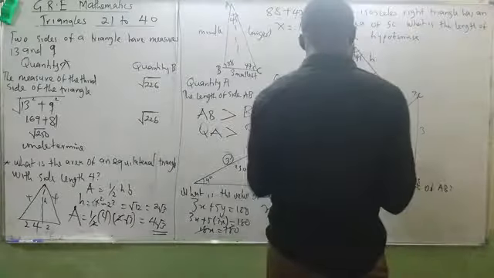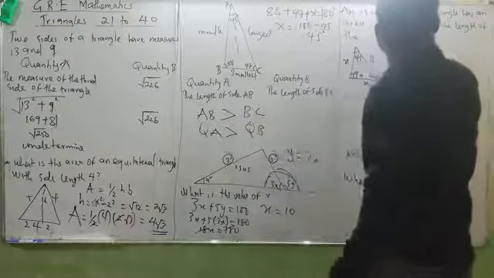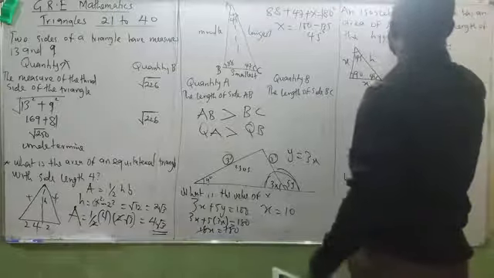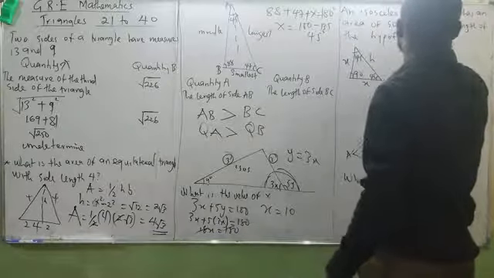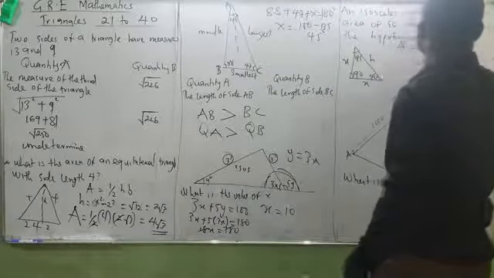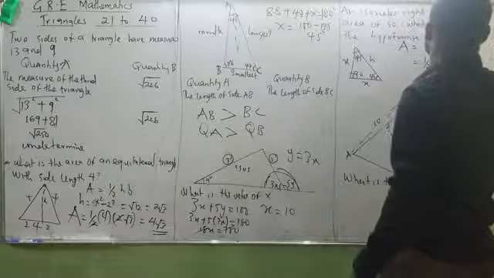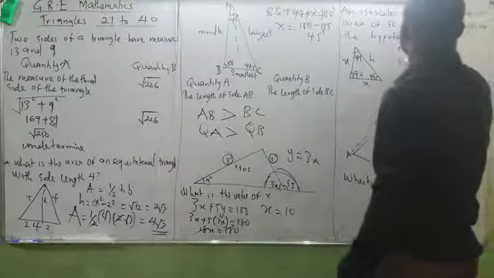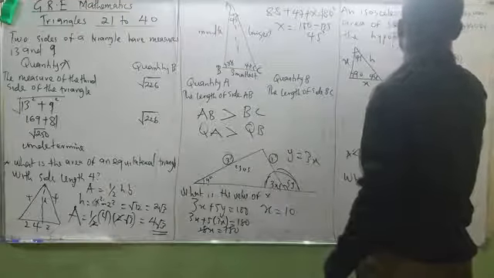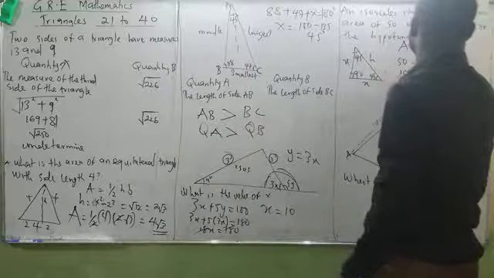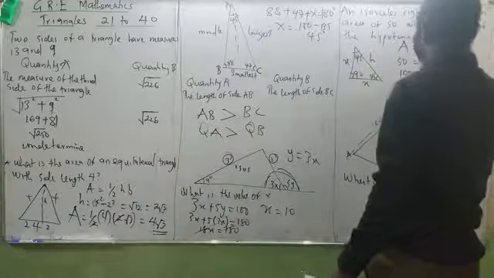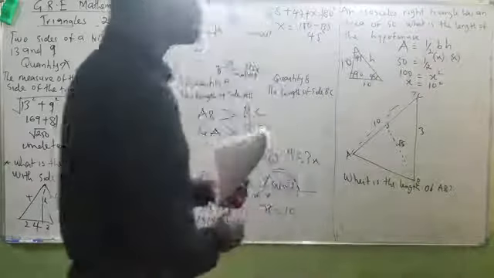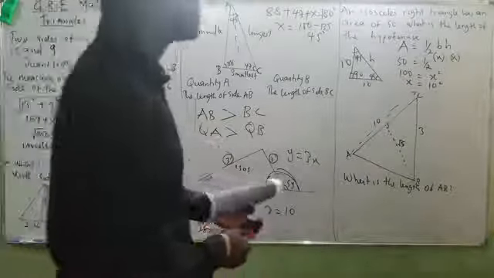Since we are looking for the area, the area of a triangle is given as 1/2 base times height, which is equal to 50. So x squared equals 100, and x equals 10. Now it means here is 10, here is 10. Since that is the 10 we are talking about, what can I do?